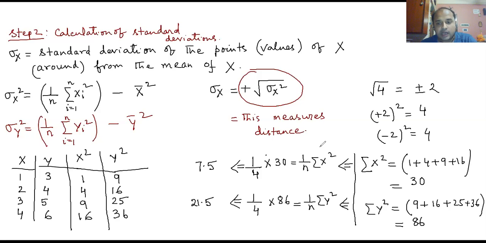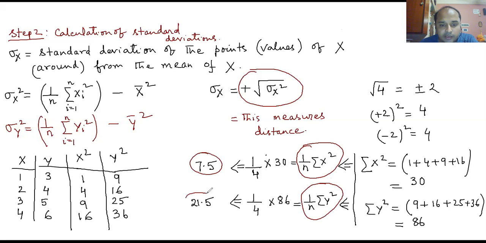So we have got 1 by n summation x square and 1 by n summation y square as 7.5 and 21.5.